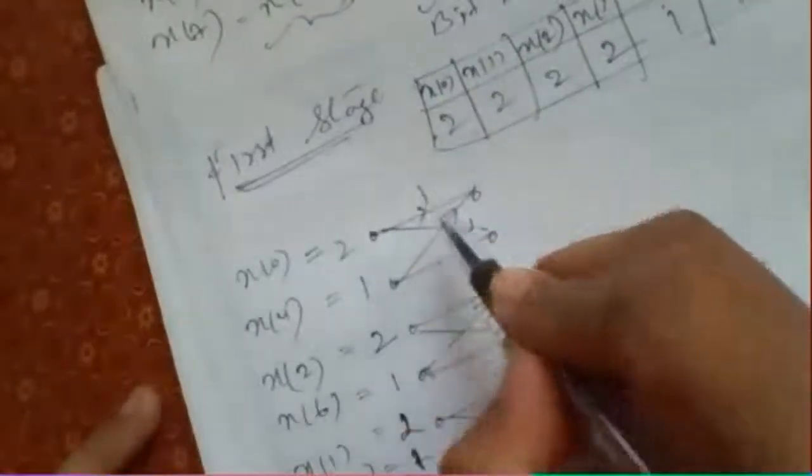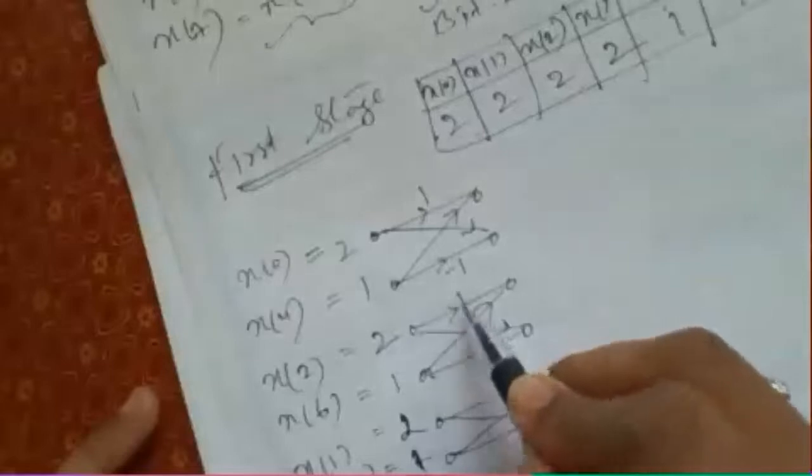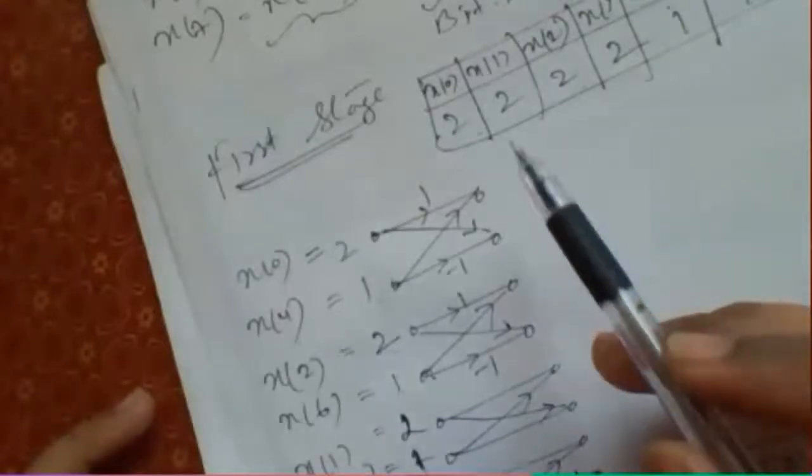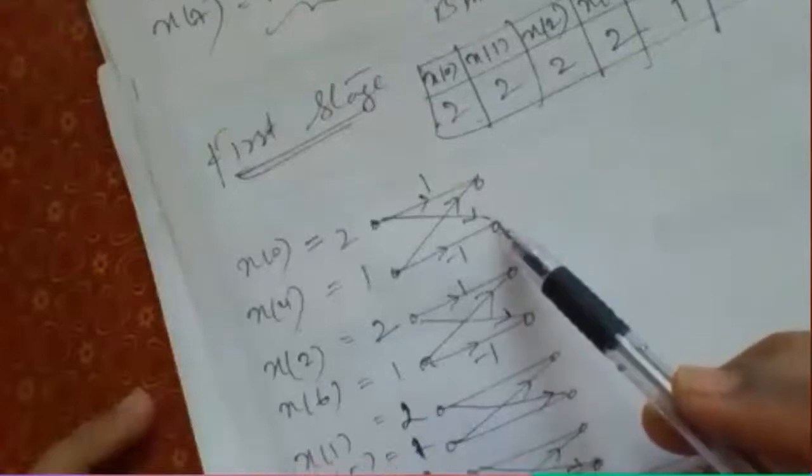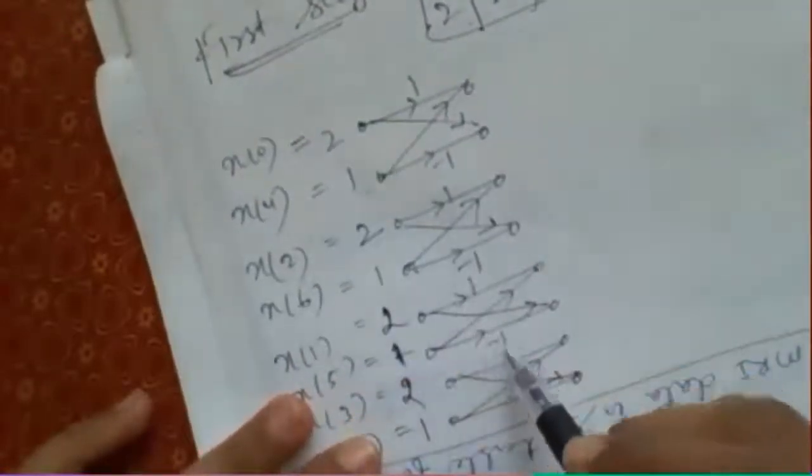So here 1, minus 1, 1, minus 1, because you just recall the first stage equations. They are x of 0 plus x of 4, one equation, and the other one is x of 0 minus x of 4. That's why on the signal flow graph you mark 1 and minus 1.